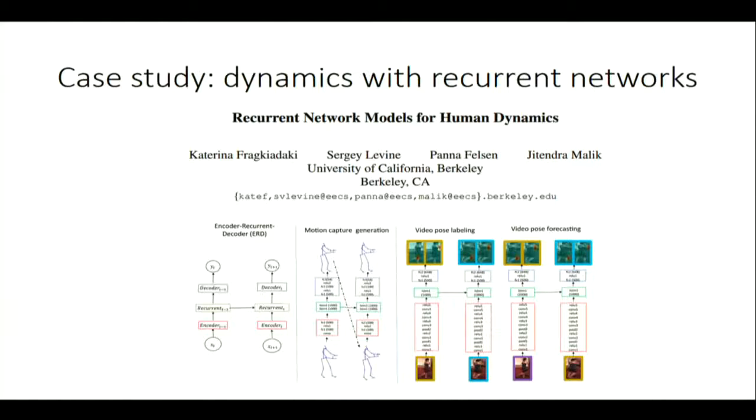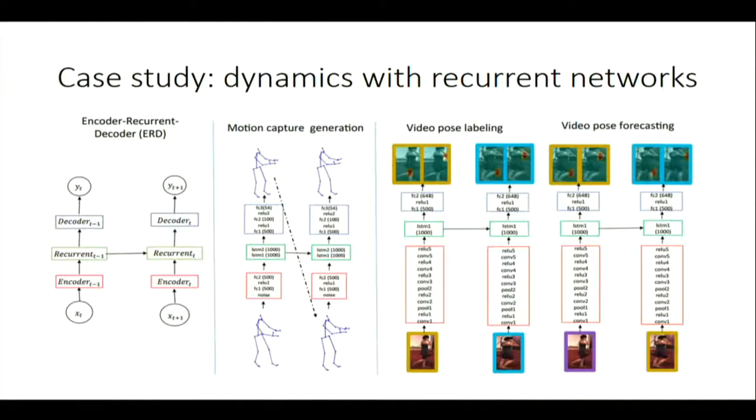If they want to perform a rollout for many steps, they decode the current state of the human, and then feed it as input at the next time step to re-encode it. Here's that picture blown up a little bit. The Gaussian mixture model comes in right up here.